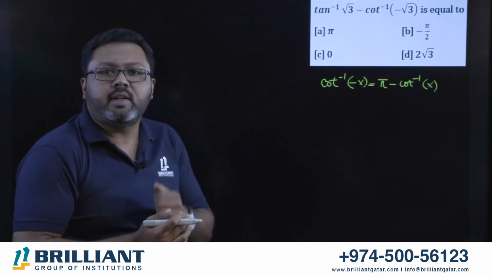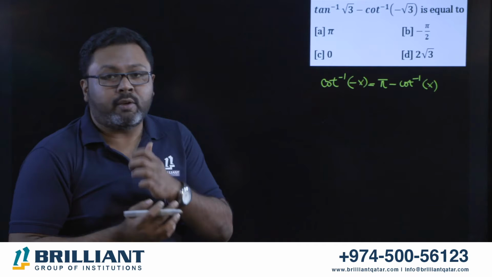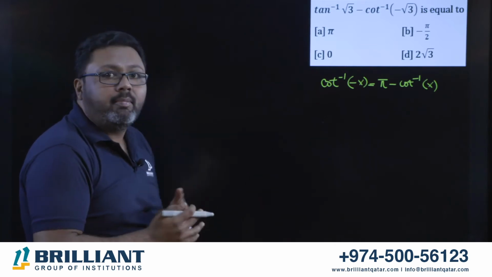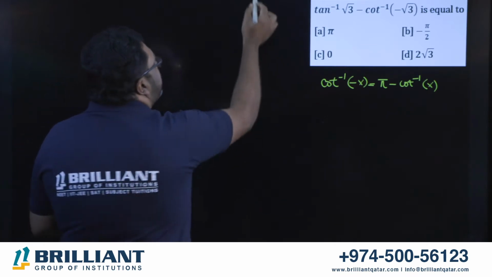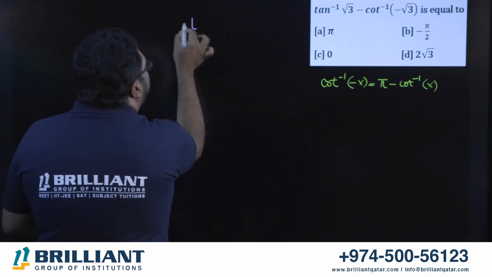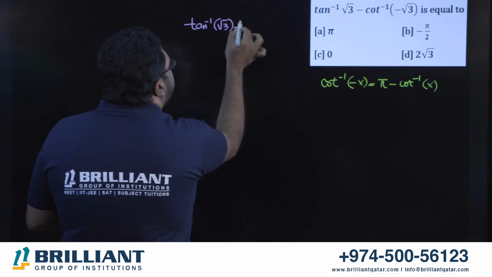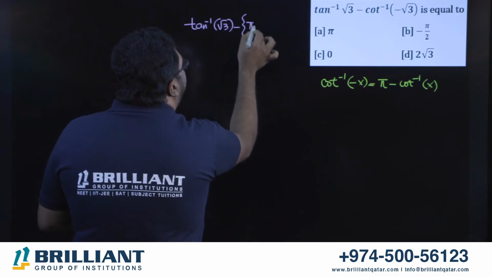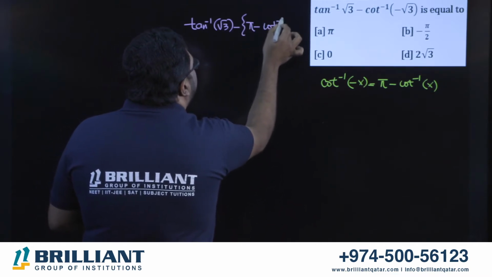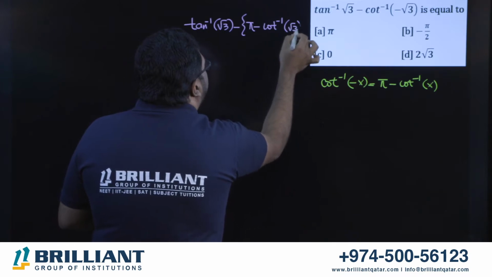Similar to cos inverse minus x, cot inverse of minus x is going to be pi minus cot inverse x. So the expression is going to be tan inverse of root 3 minus pi minus cot inverse of root 3.